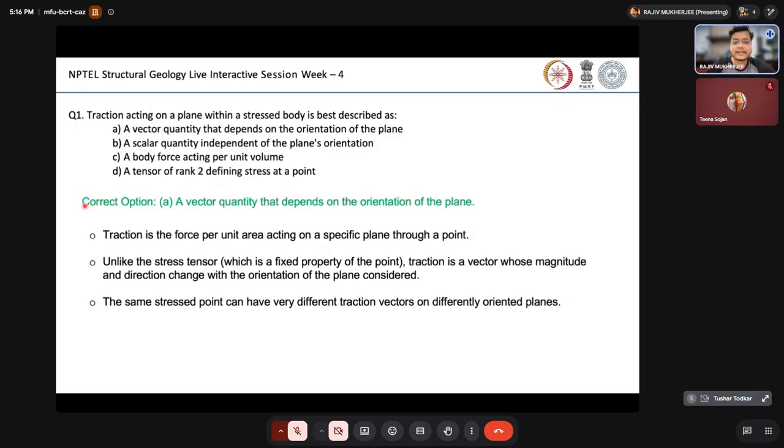Combine all these things and you will get a tensor. So stress tensor is rank 2, traction is only rank 1, because it has one component of direction, right? That is the fundamental difference between a tensor and a vector. All vectors are tensors, but not all rank 2 tensors are vectors, right?